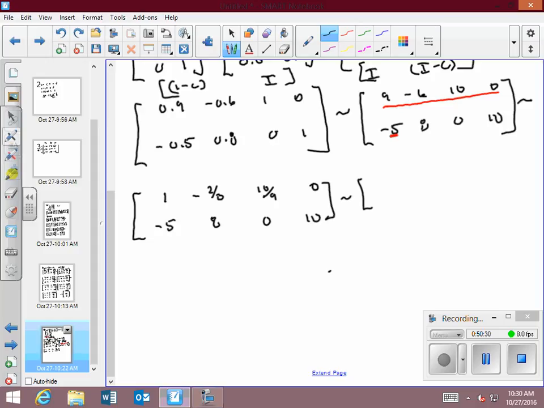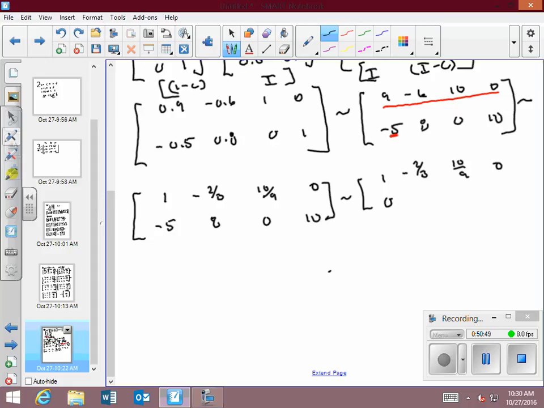So I'm going to take 5 times the first row: 2 thirds, 10 ninths, 0. Take 5 times the first row, that makes this 0.